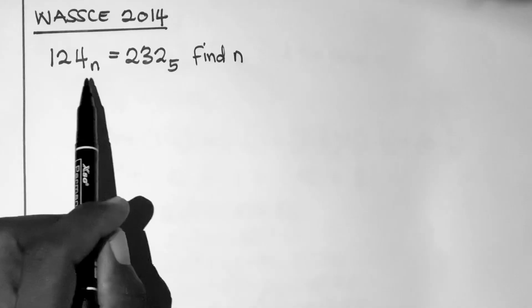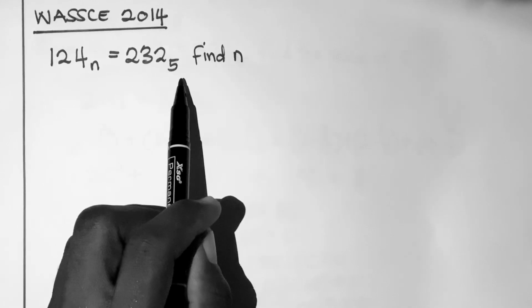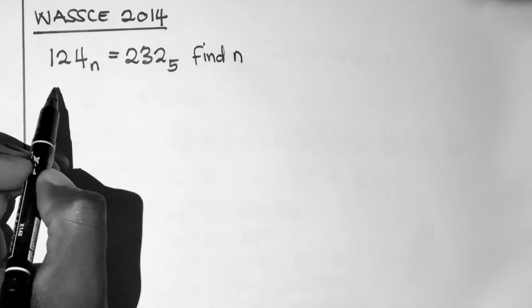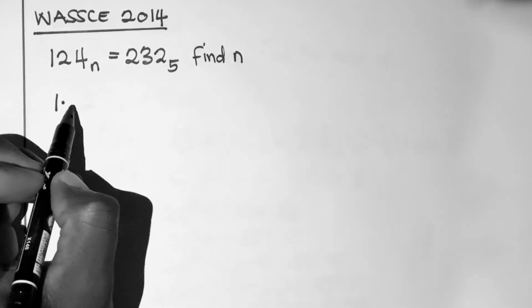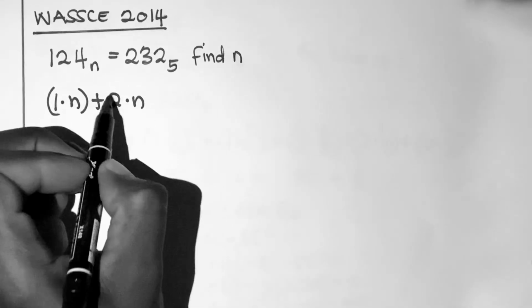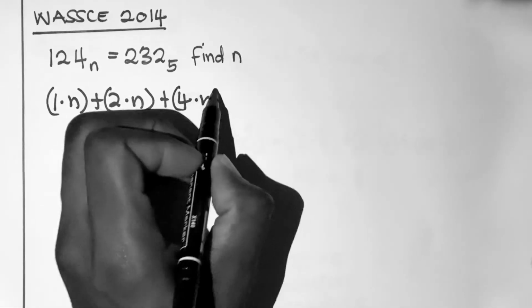5. 124 base n is equal to 232 base 5. Find the value of n. So here becomes 1 times n, then plus 2 times n, then plus 4 times n.